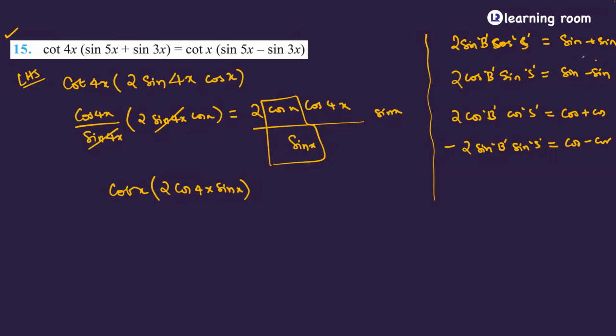When it is sin minus sin. So cot x, I'm leaving it as it is. This one, what I can do is sin of something minus sin of something. So the first something will be the sum of these 2 angles, which is 5x. The second something will be the difference of these two angles, which is 3x, and that is what is expected.